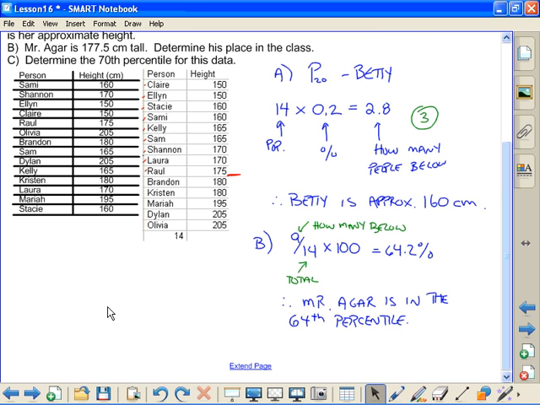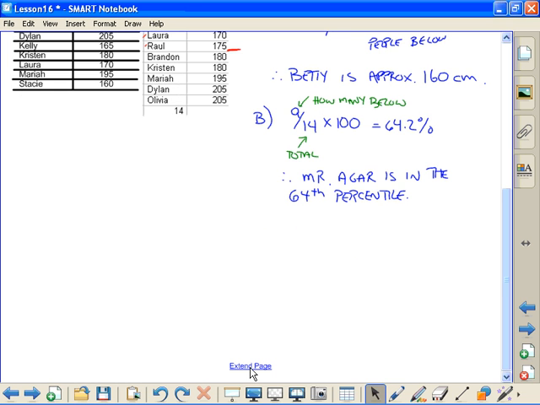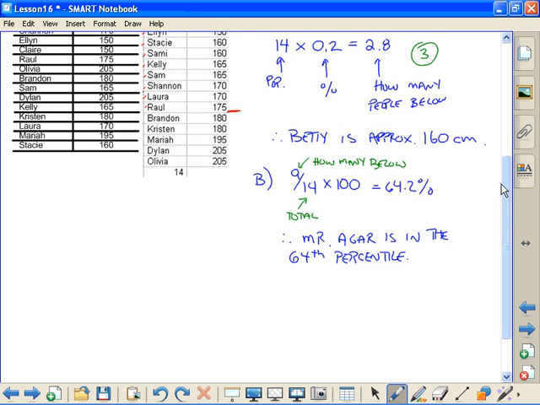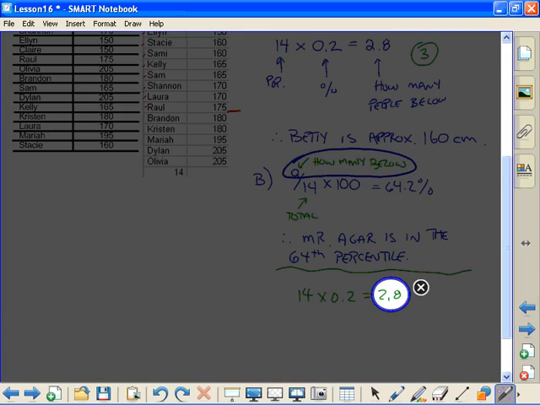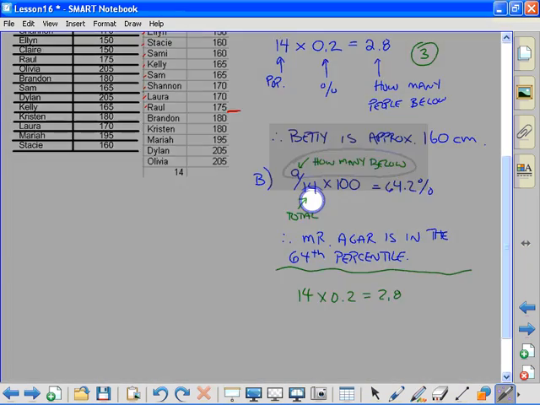Now I said I was going to show you, it's just playing with the formula. From above, we had 14 times 0.2 equals 2.8. What I did then was take the total and divide how many people below by the total number in the class.